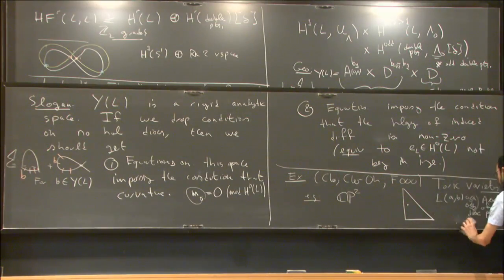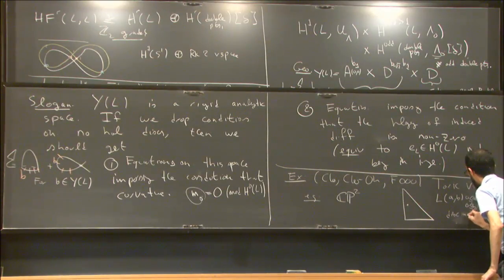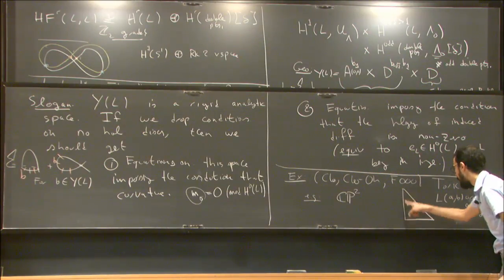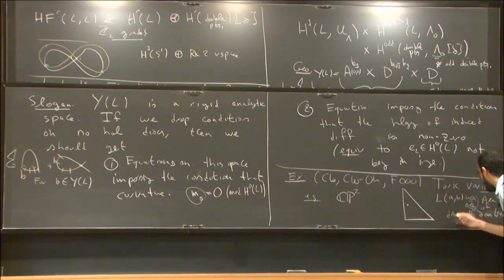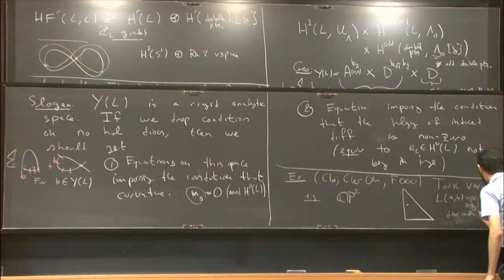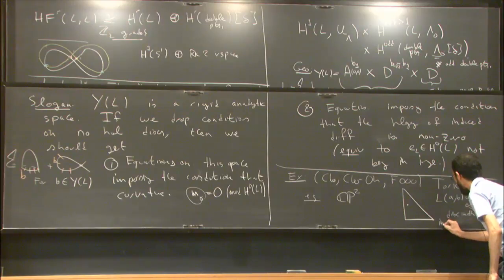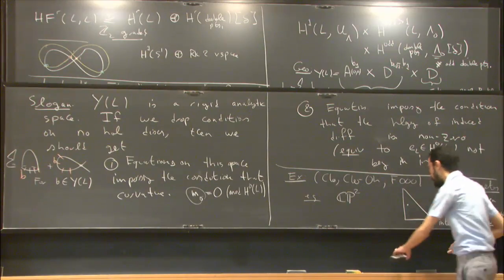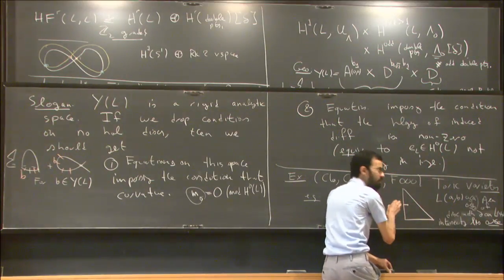But anyway, a disk with boundary on L_{a,b} that intersects the line x equals 0, y equals 0 once. So also known as the x and y coordinates on the picture there. Yes. This is going to intersect the lines once.